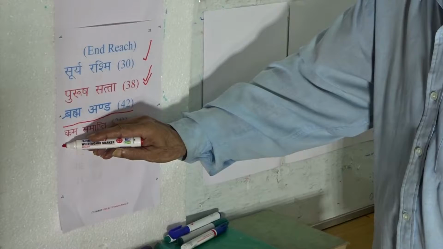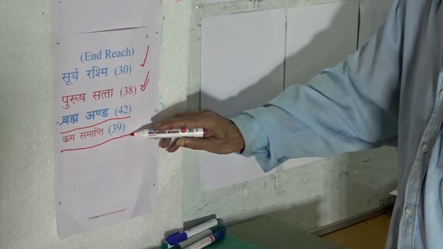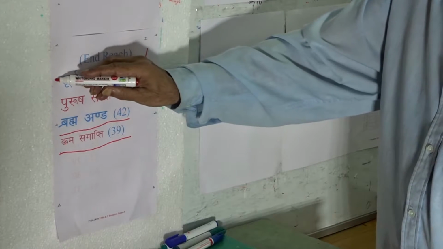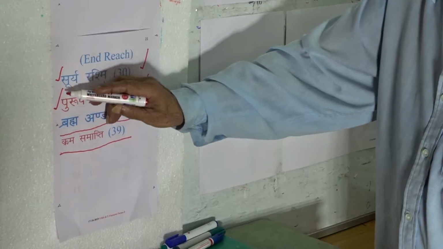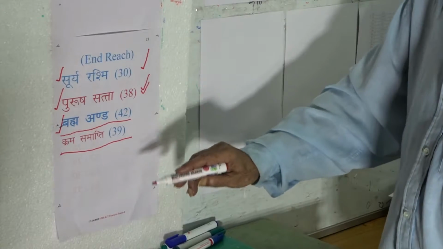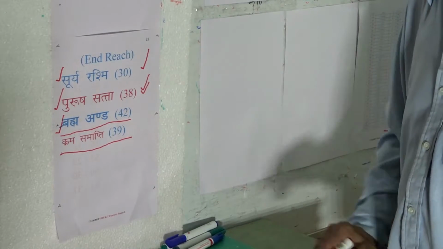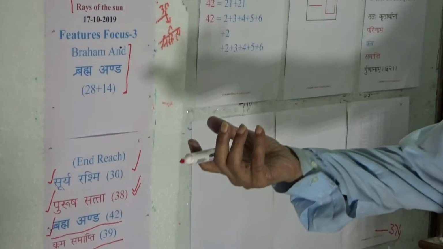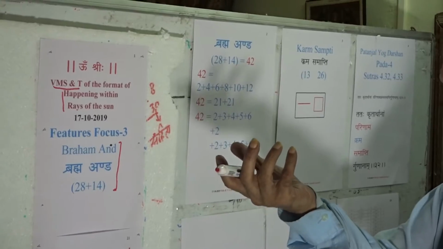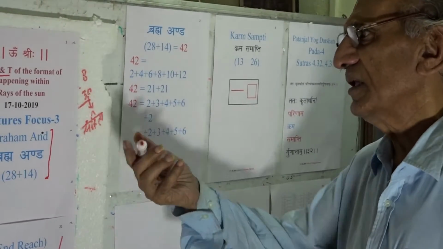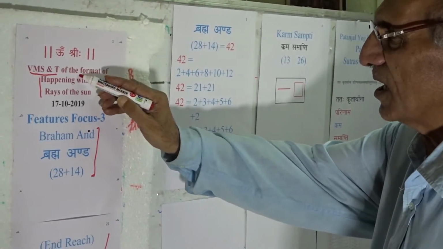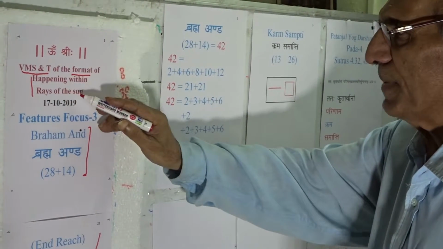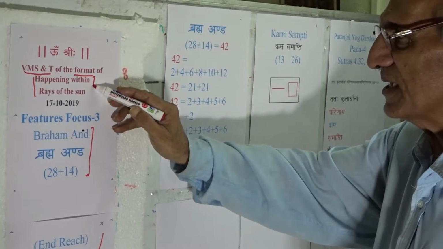It is by being through these four phases of Surya Rashmi, Purusha Satta, Brahmand and Kram Samapti, we will be imbibing the glimpse of the values and features of the format of Vedic mathematics, science and technology parallel to happening within rays of the sun.